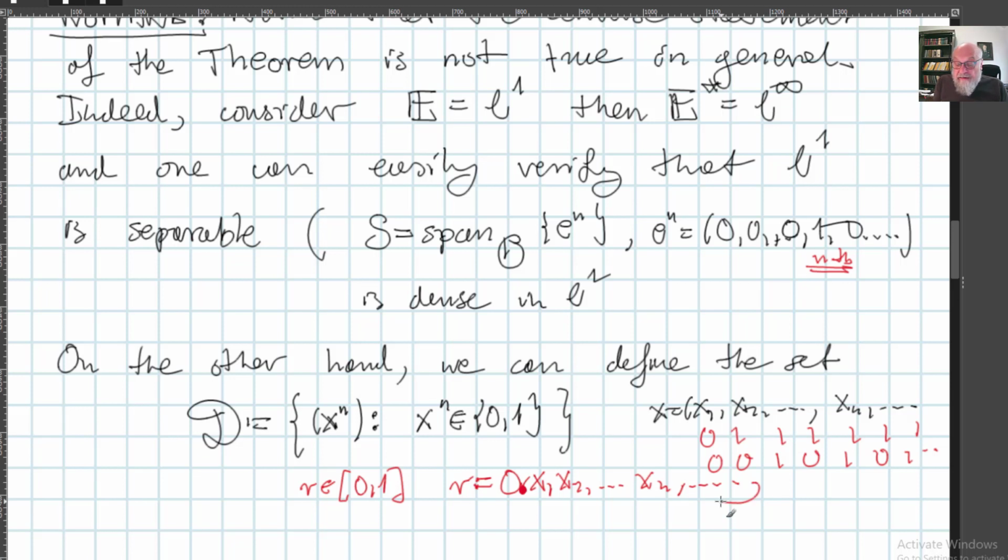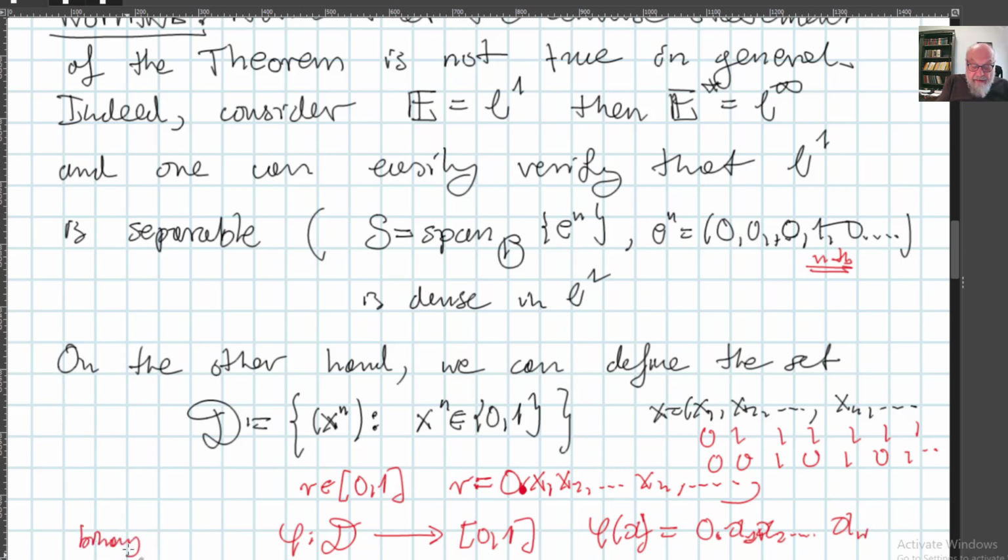It tells you simply that, using these representations, you can create a map phi from the set D to the interval 0, 1, namely phi of the sequence x equal to 0.x1x2..., the binary representation of a real number belonging to the interval 0, 1.